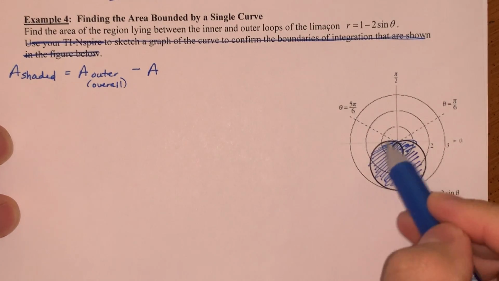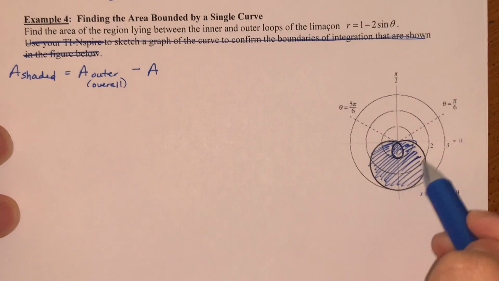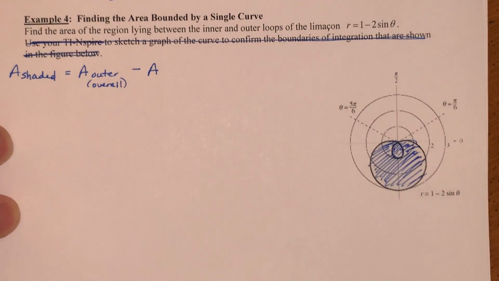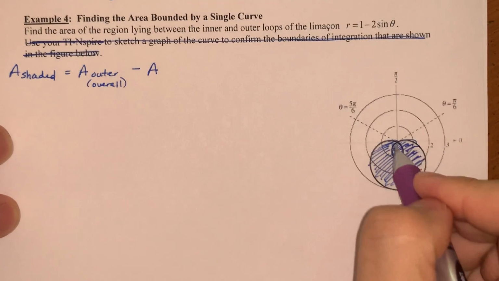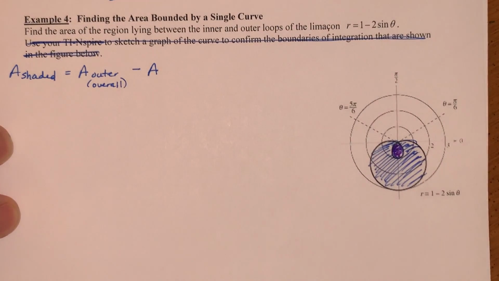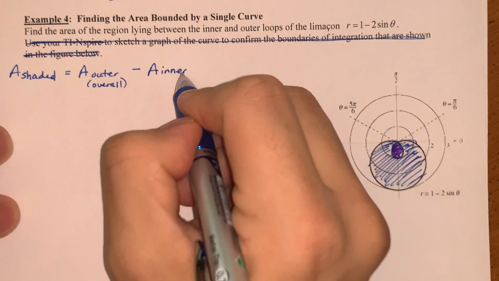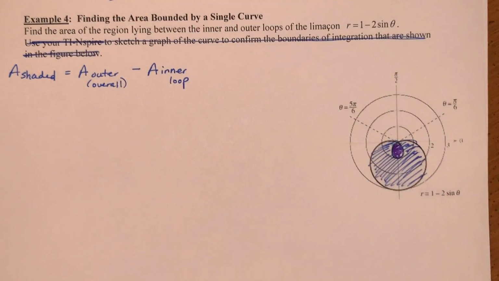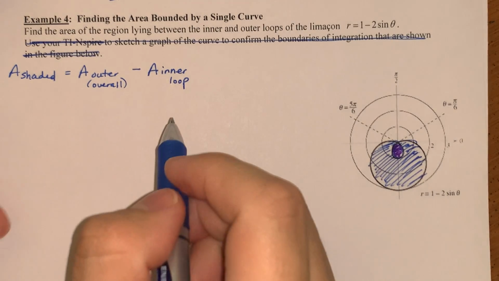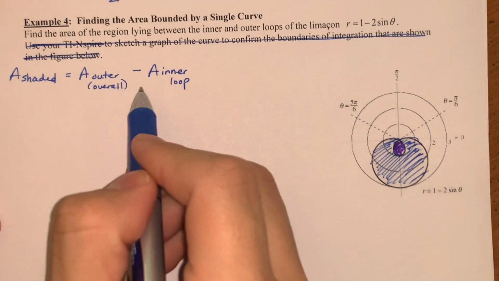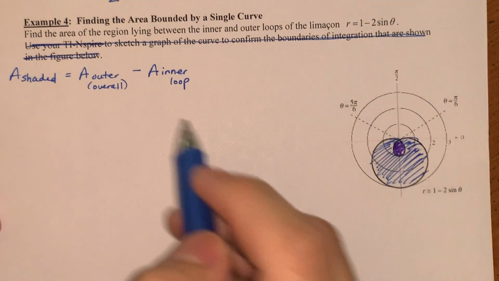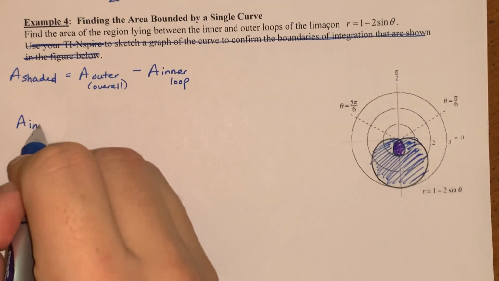So if I find the area of the outer loop or the overall region, it's going to have that. Then we're subtracting the area of that inner loop. Okay, so this isn't so bad. Let me figure out what the area of that inner loop is first.